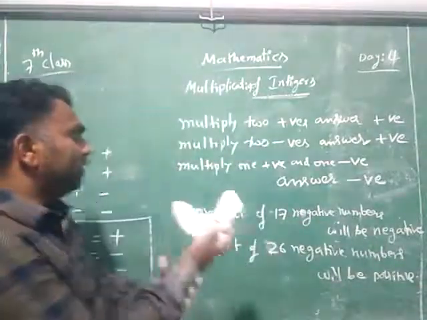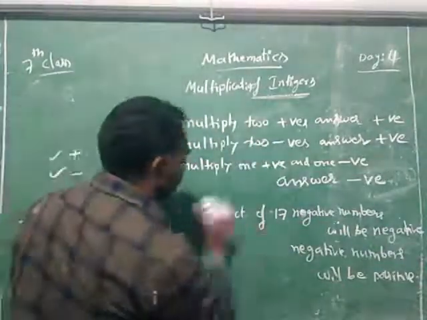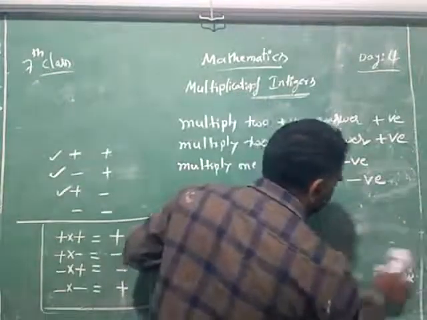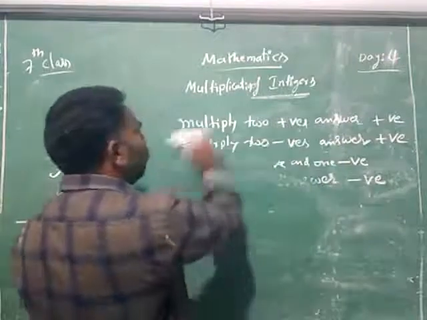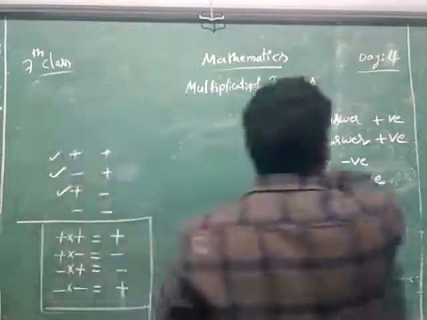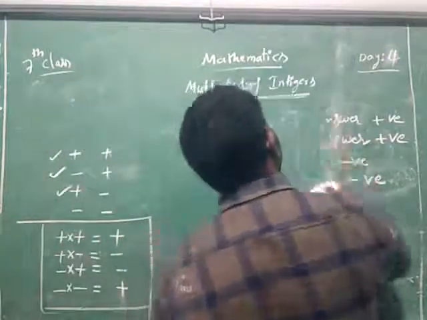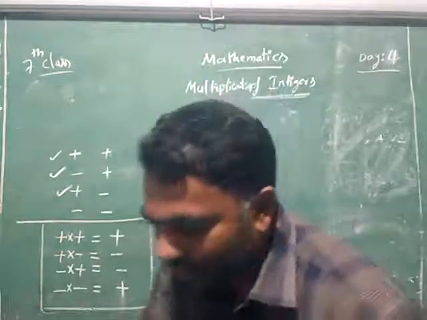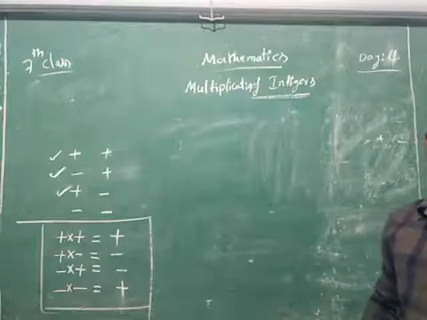So try to understand this, and I think we easily understood how to multiply the integers. Once again I will revise simple things. This one table you just try to remember. Easily we can answer any type of question. Multiplication of integers is a simple process.